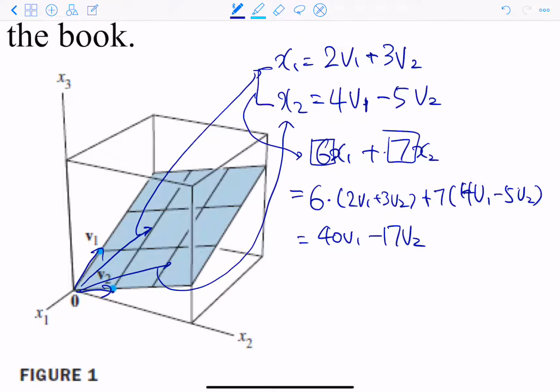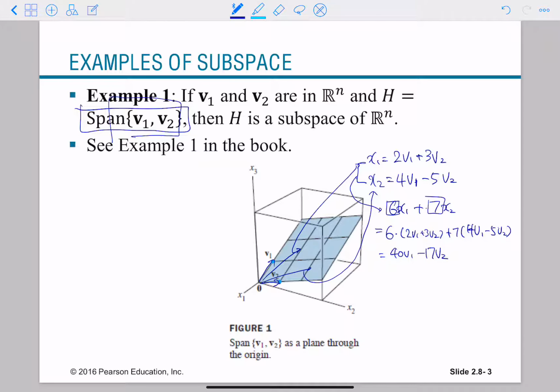So we can easily see that it is closed under the linear combinations. Okay, so we easily saw that span of some particular vectors is satisfying the condition of this subspace, which is closed under the linear combination.